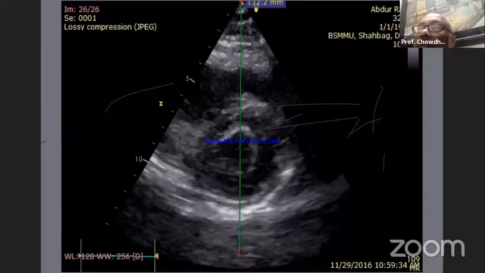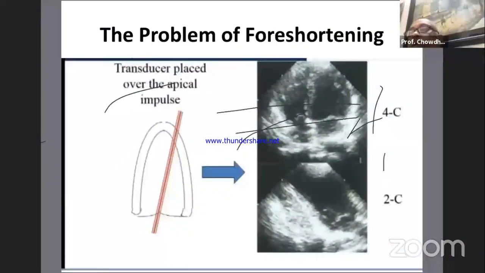One of the ways we can check whether we are landing in a foreshortening is checking the apical portion of the left ventricle both in 4-chamber and 2-chamber view. In this picture, we can see the apex in the 2-chamber view and the apex in the 4-chamber view are not in the same line.